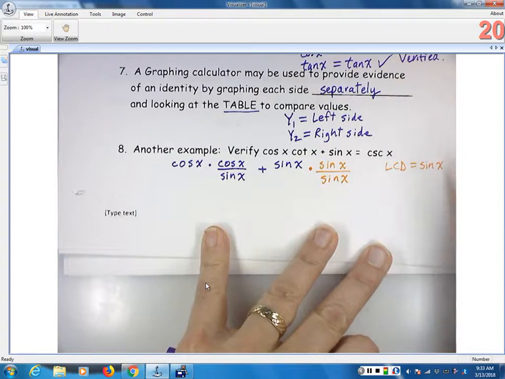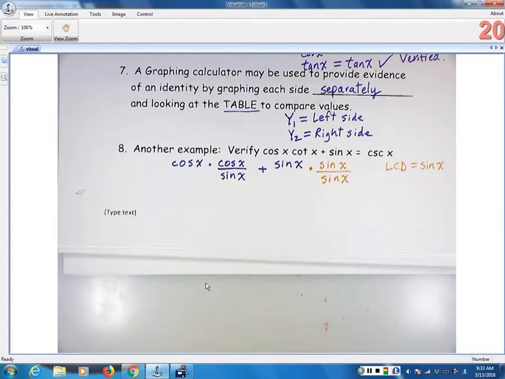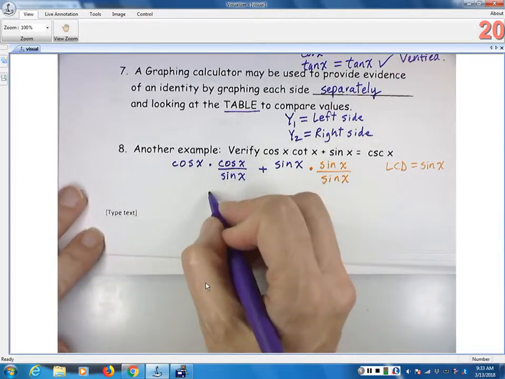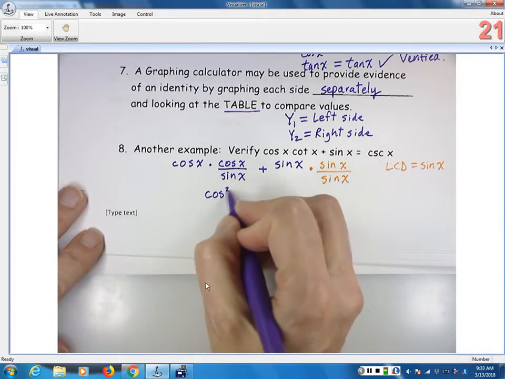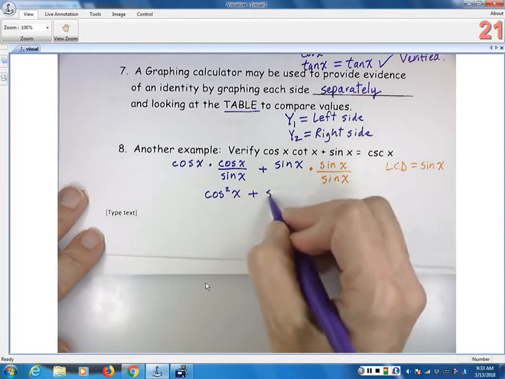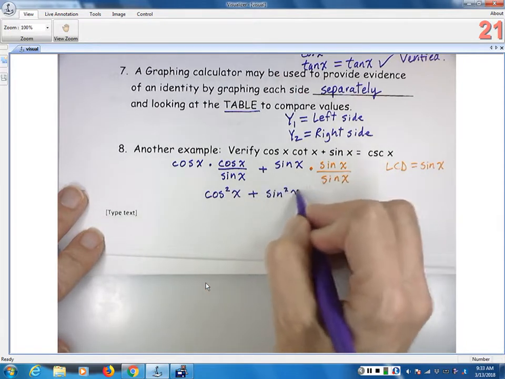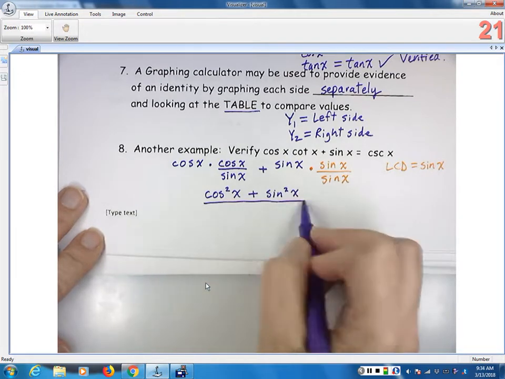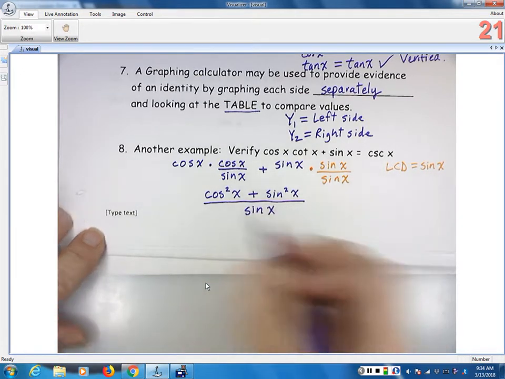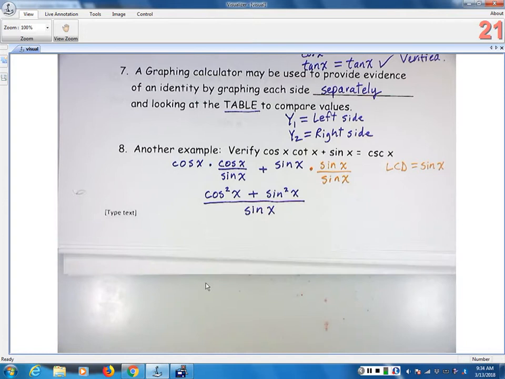In order to add fractions, you've got to know how to add and subtract fractions for this. So cosine x times cosine x, we write it as cosine squared x, plus sine x times sine x is sine squared x. And that's all over sine x. We got a common denominator. We add the numerators and keep the denominator.